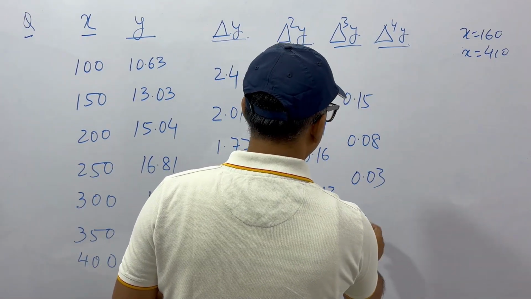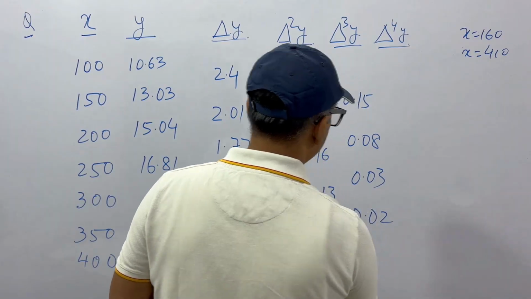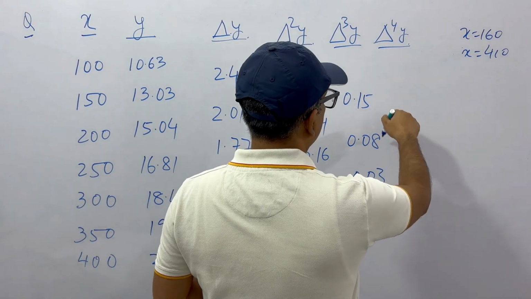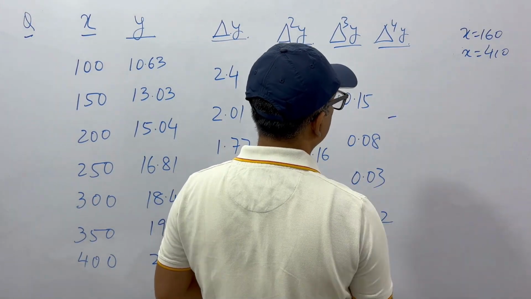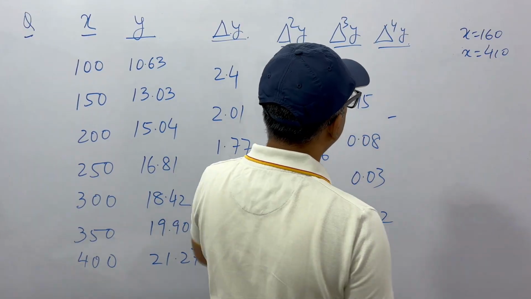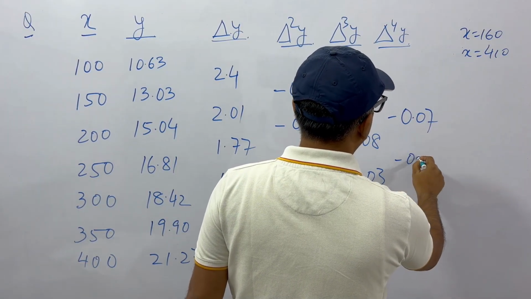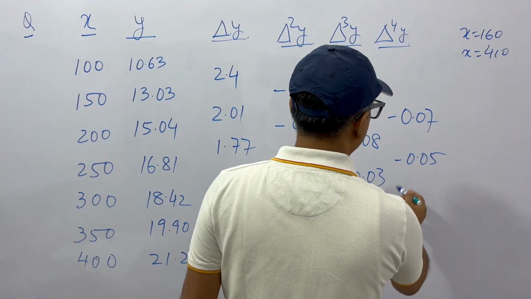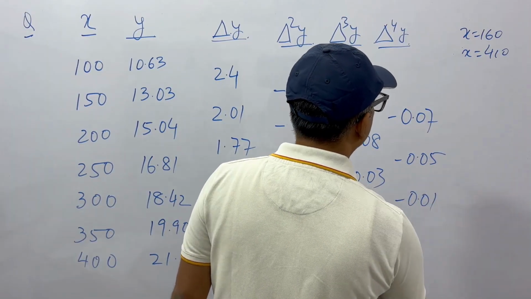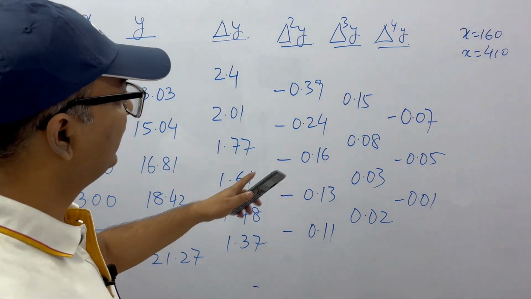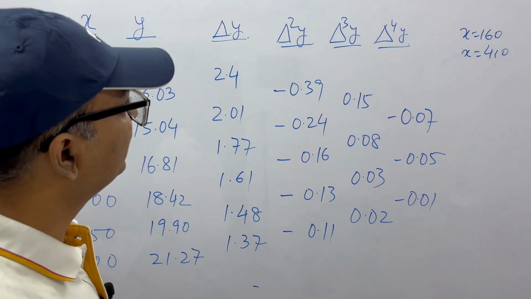This is 0.02. Then 0.08 minus 0.15 is minus 0.07. This is minus 0.05. This is minus 0.01. So we have values up to the fourth difference.